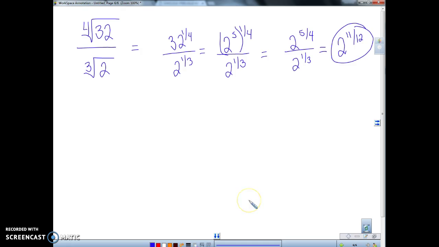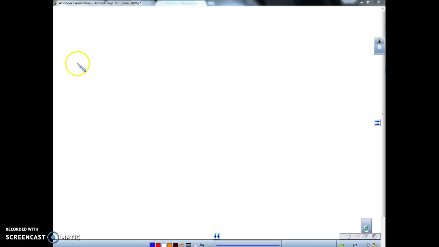Okay, so we have 2 problems left to finish. These look a little bit scary and difficult, but you have been doing the same thing in other problems. So we have x to the 1/2 minus 2 over 3x to the 1/2 plus 2.